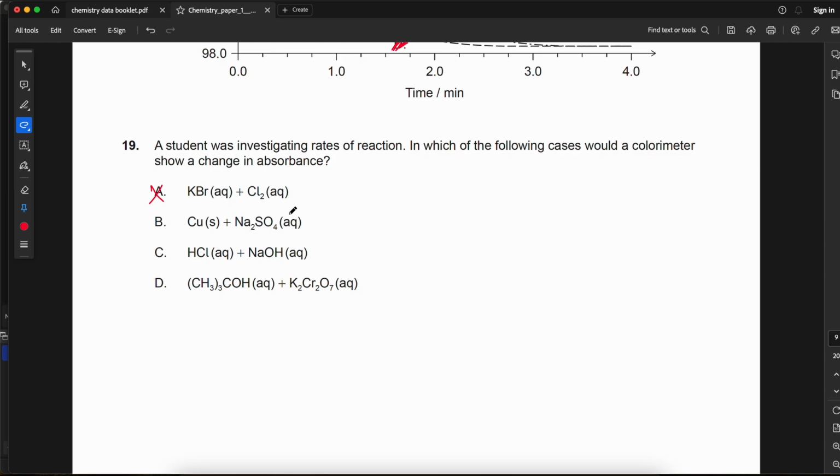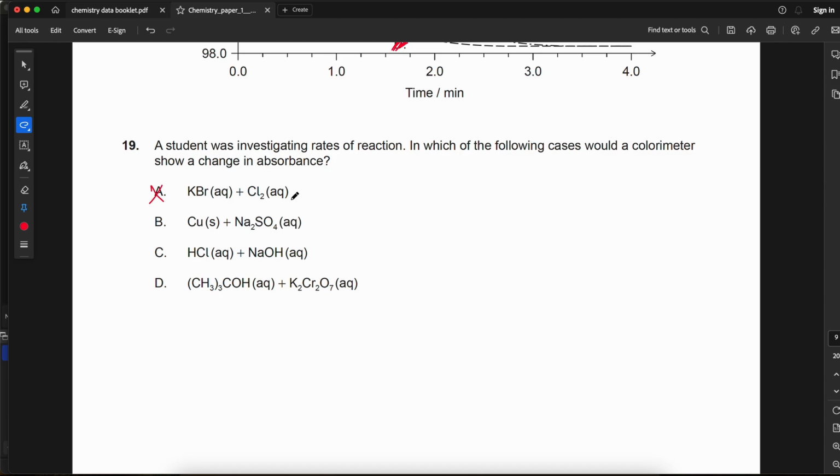But for B, it forms a solid precipitate of CuSO4, and there is no color in the solution, so it cannot be detected. And for C, it is a neutralization reaction, which only involves a change in chemical composition, but there is no color, so it cannot be detected.